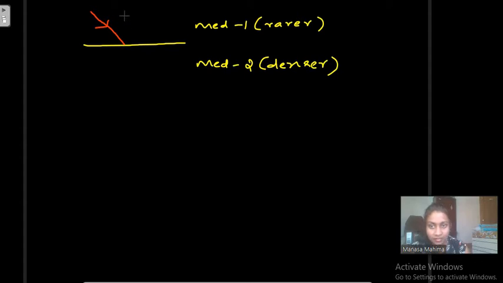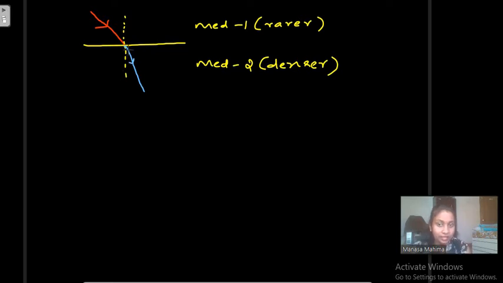Since the ray is traveling from rarer medium to denser medium, how will the ray behave? I told in my last video, when the ray is traveling from rarer to denser medium, you will always see a change in the direction of the path of the ray of light. After refraction, it will go in this direction.